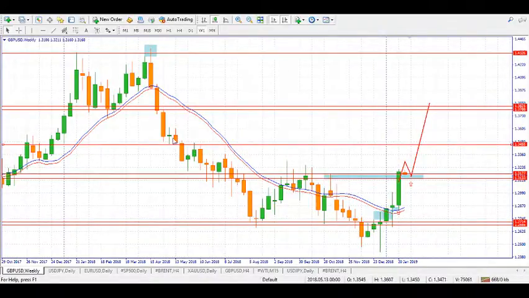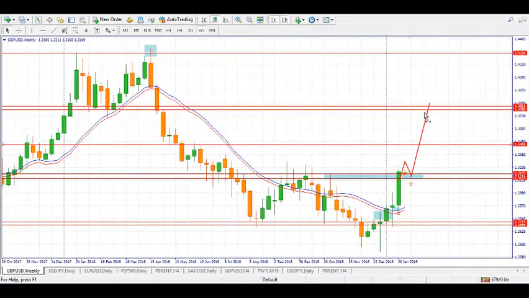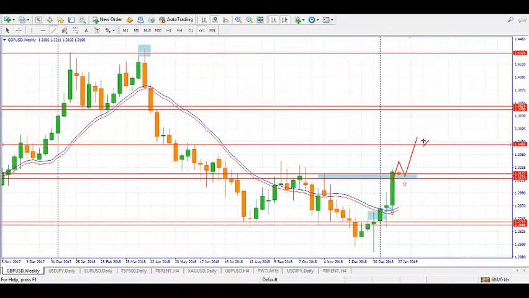So these are minor ones. The main ones are these ones and the upper one. So assuming you buy it from this point, you should expect a move higher towards this resistance, 1.3821. So something like this is likely: a break above, a retracement, and then we proceed even higher like that.